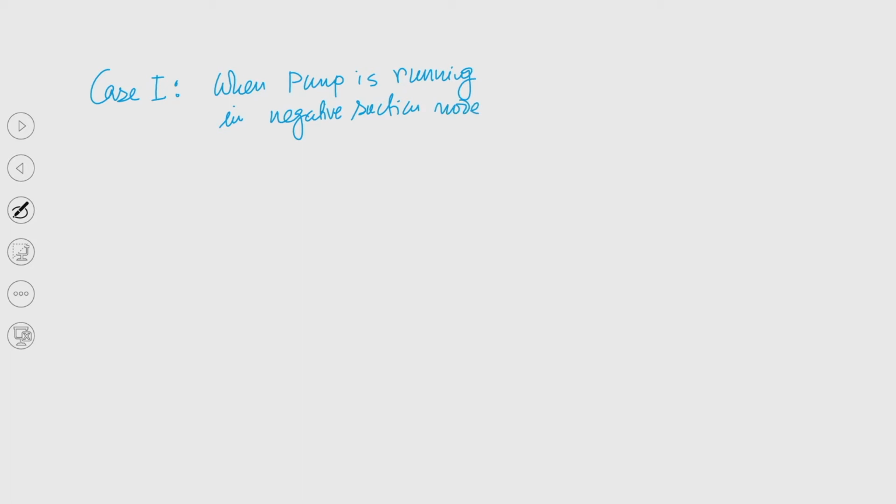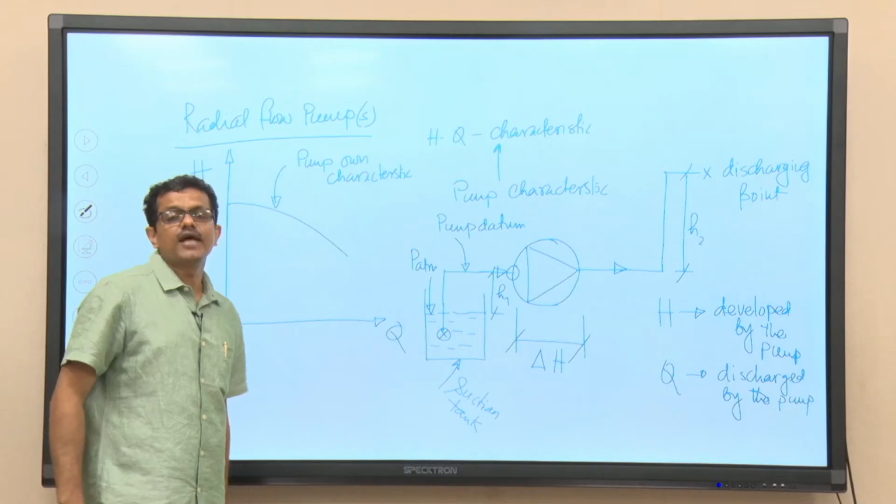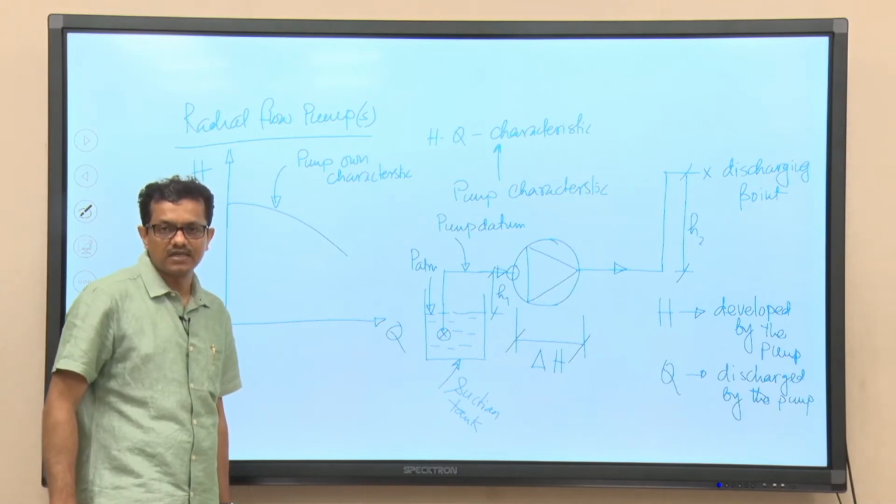Anyway, for this particular case, case 1, the schematic I have drawn in the previous slide, is when the pump is running in negative suction mode. So, basically the pressure at this point, if we give a point over here, that is the inlet to the pump impeller, at that point is vacuum pressure, so pressure less than the atmospheric pressure, right.